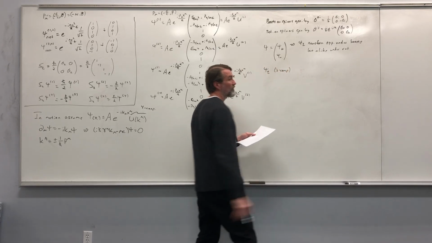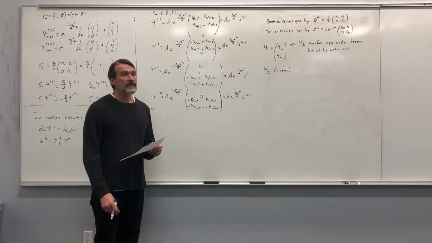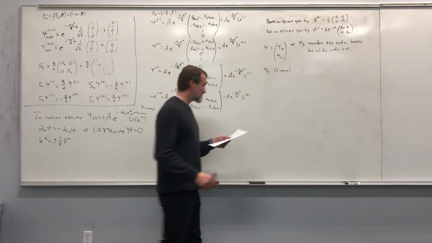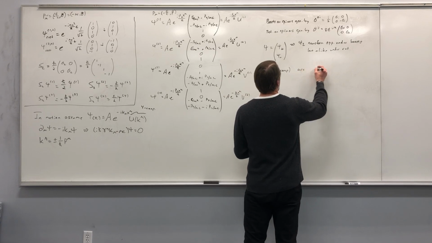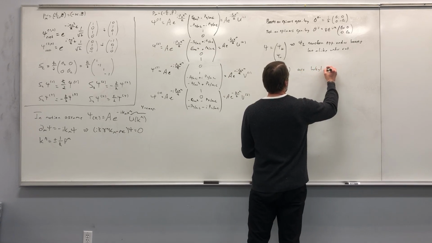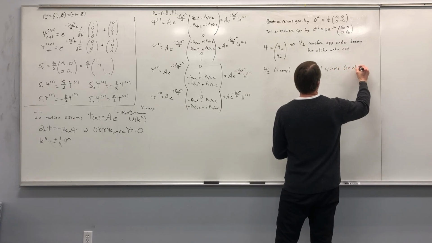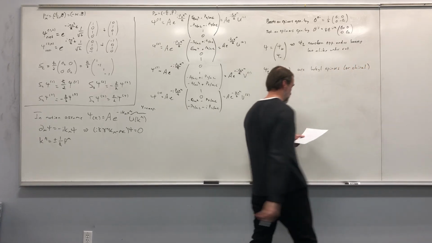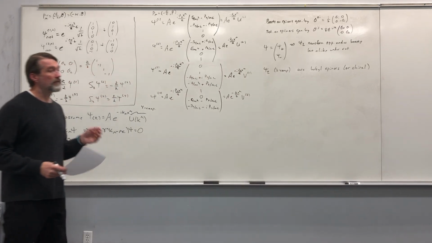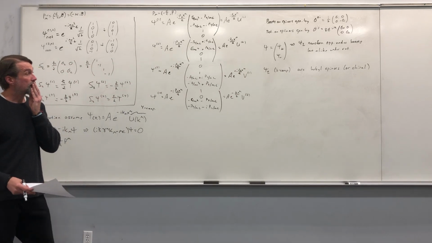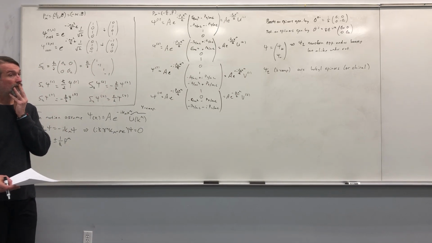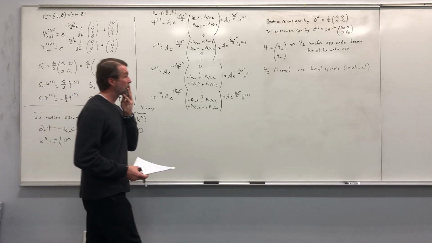The two component contributions, psi plus and psi minus, are called Weyl spinors, or chiral spinors. Okay? All right.